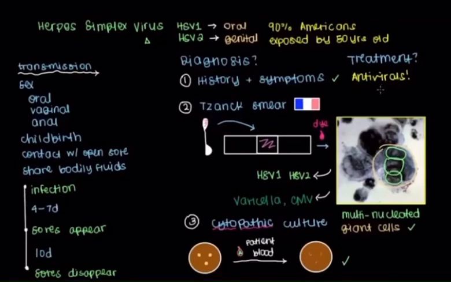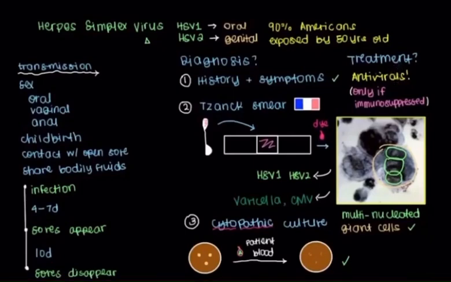These are specifically given to patients that are at high risk for complications of herpes, and these folks tend to be immunosuppressed. So we only give antivirals to those that are immunosuppressed. And there are some exceptions to this rule, but this is the general trend. And immunosuppressed is sort of an umbrella term for a lot of things. Women that are pregnant are relatively immunosuppressed, so we'll treat them with antivirals if they're positive for herpes sometimes.